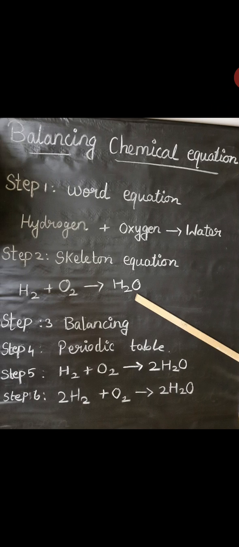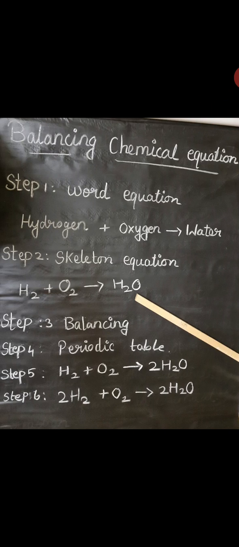That is the balanced equation. A balanced chemical equation is one in which the total number of atoms of an element on the reactant side is equal to the total number of atoms of that element on the product side.